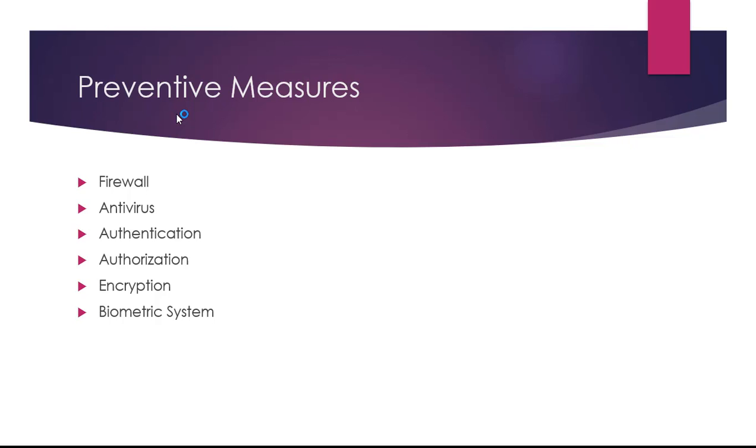These systems recognize a person with the help of body signatures and authorize or give access to the data. This sort of system is called a biometric system, and these are some of the ways which can prevent unauthorized access to data over a network.